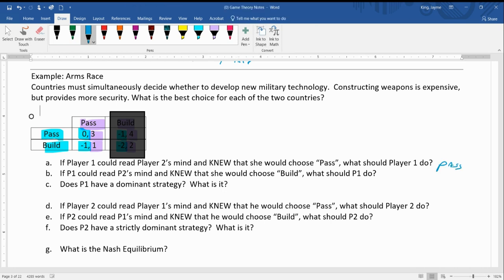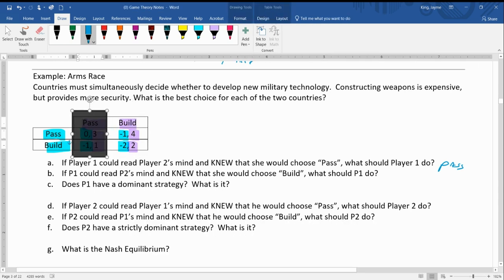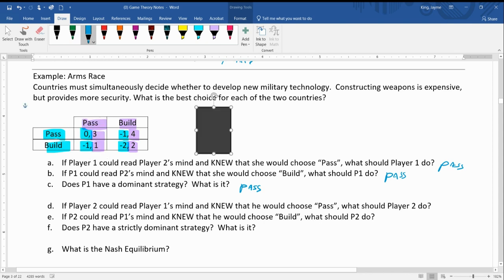If I slide my rectangle over, what's the better outcome? Well, -1 is better than -2, so that should also be to pass. So that's their dominant strategy.